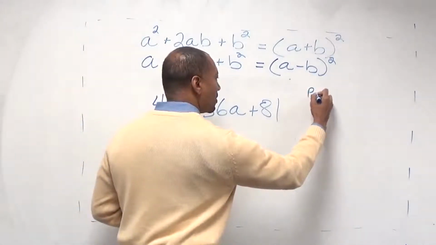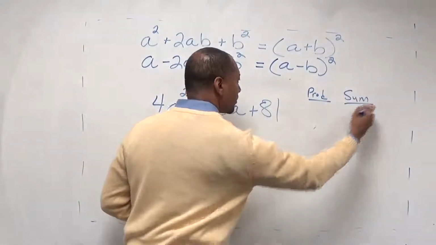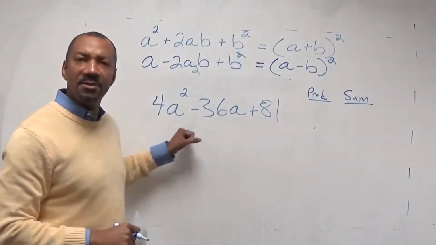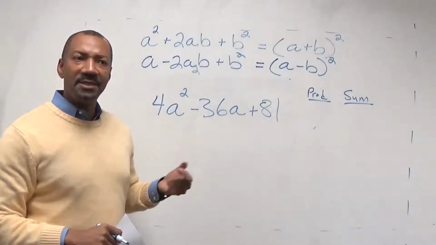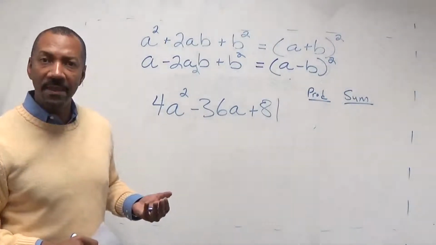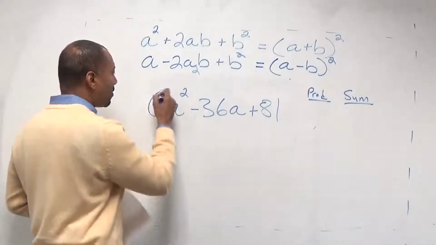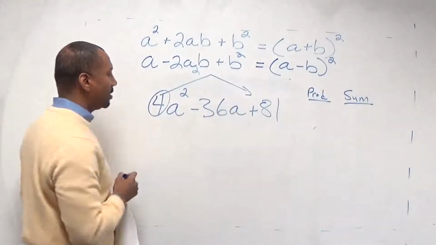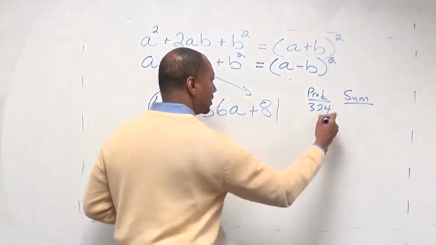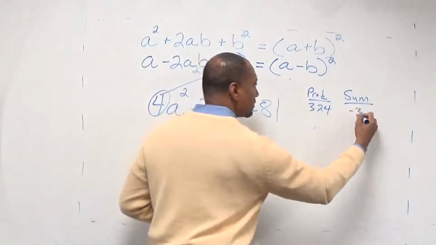Remember how off to the side we said, well, ordinarily, because you see three terms, that generally tells us that we're going to use product sum as a factoring technique. And so you would say 4 times 81, which is 324, and under sum, you would put negative 36.